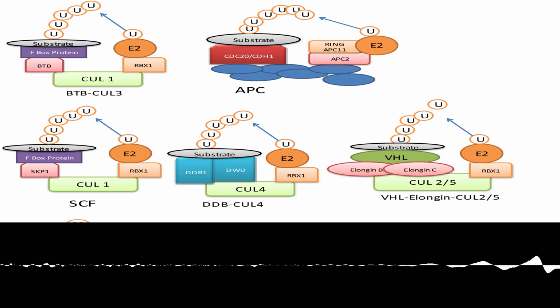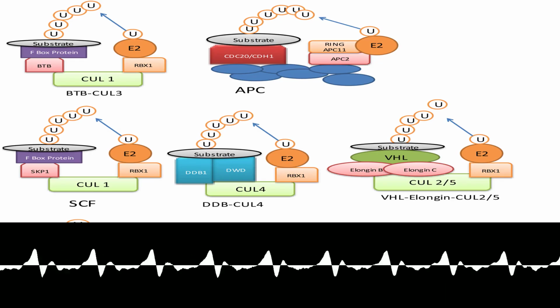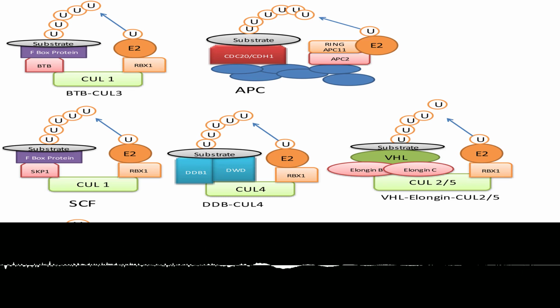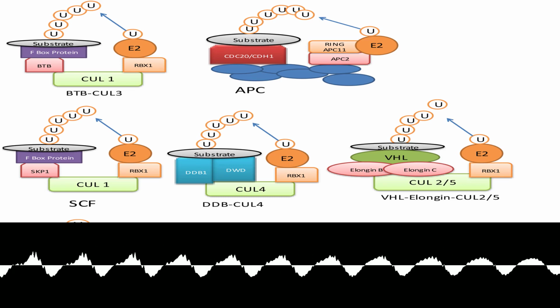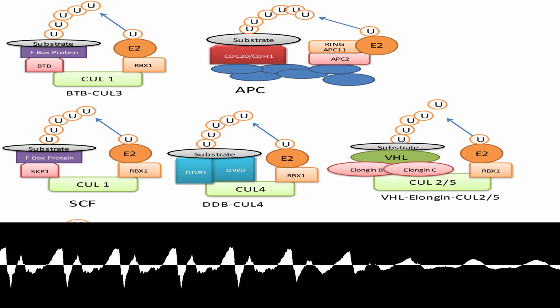The precision required to isolate these enzymes, given their relative scarcity within the cell, speaks to the methodological rigor employed. The specificity conferred by the E3 ligases was proposed as the key determinant of which proteins were targeted for degradation, a statement whose validity has been extensively confirmed in subsequent work.